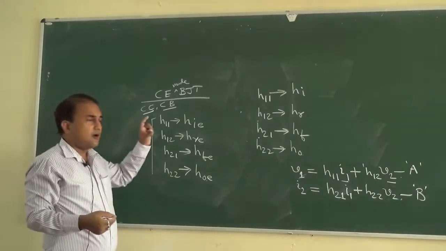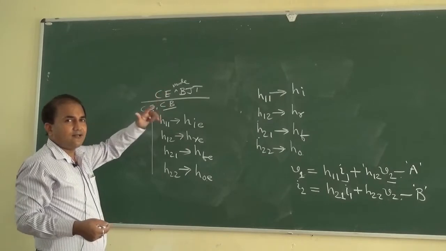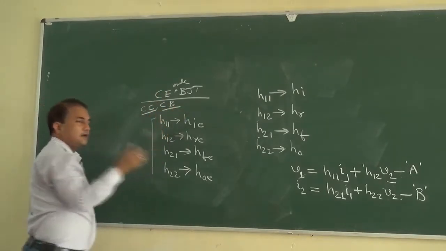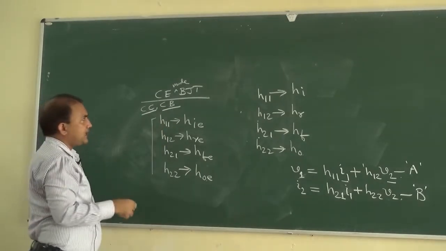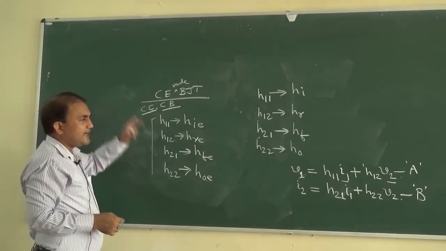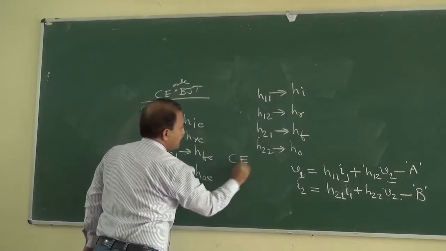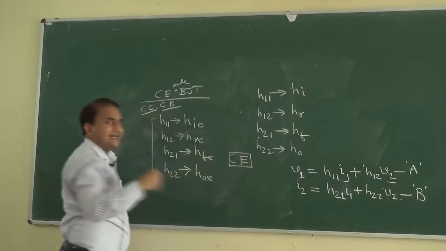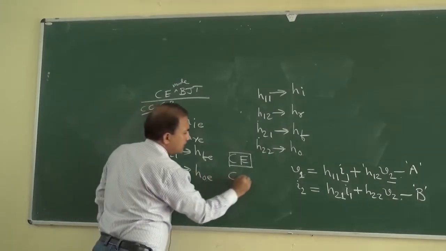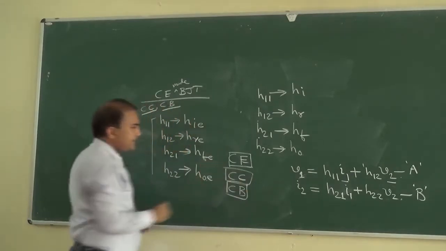So if we are determining these parameters for common emitter mode BJT, then also we can determine it for other configurations, that is common base and common collector. So if we are analyzing the amplifier circuit for common emitter mode, then we can analyze this circuit by the same technique for common collector and for common base mode.